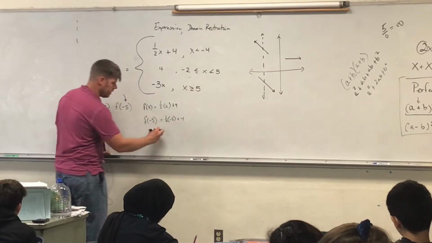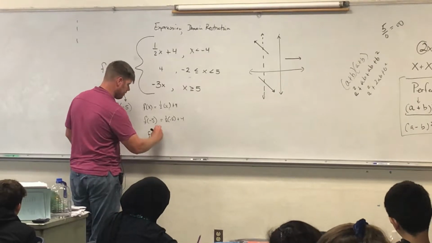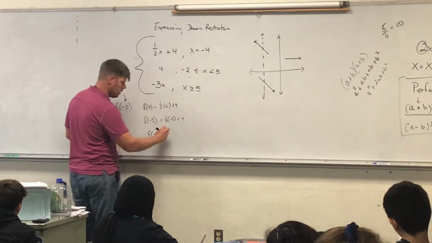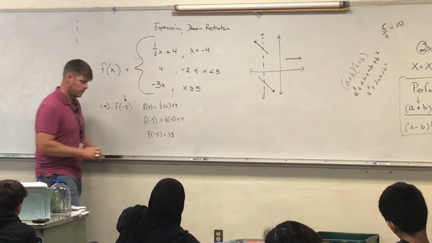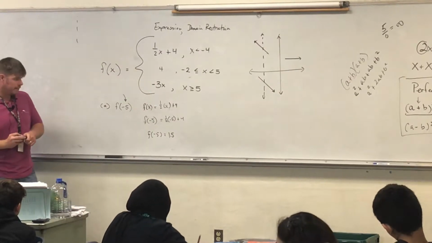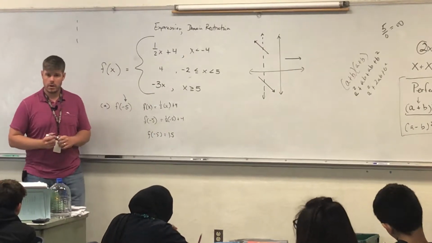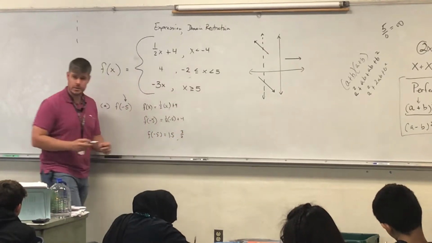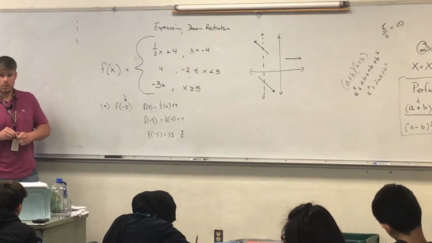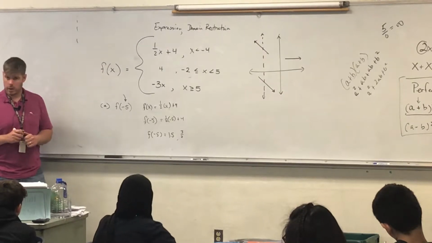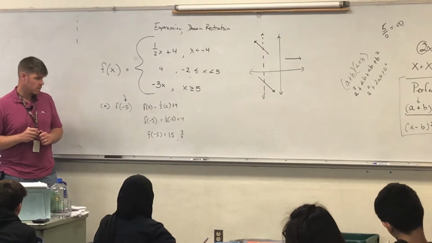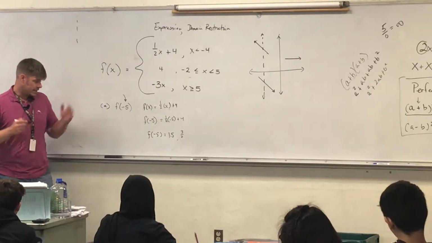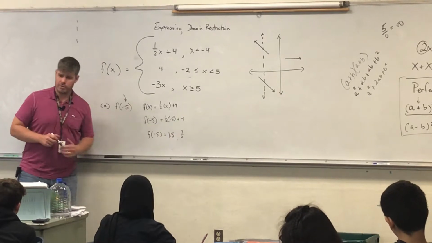So f of -5 is equivalent to 1.5. We all good there? If you wanted to write this as 3/2, you can do that as well. All good? That's it. You would claim f of -5 is 1.5, and you're done.